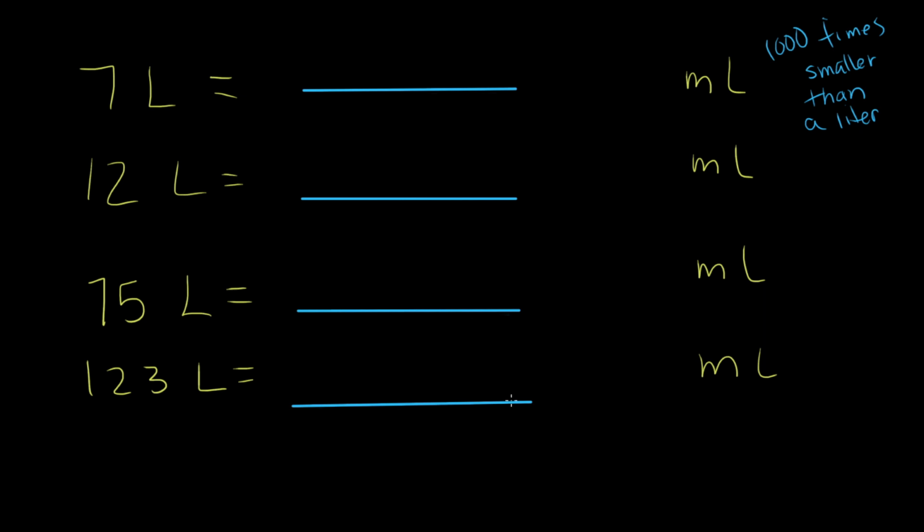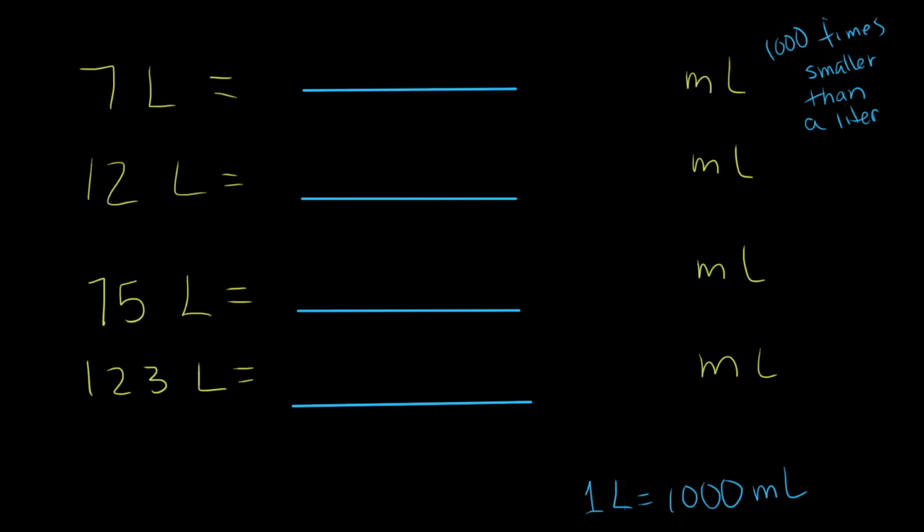Well, we said 1 liter is equal to 1,000 milliliters. Well, doesn't matter if it's 1 liter or 7 liters. I'm still just going to multiply it by 1,000.